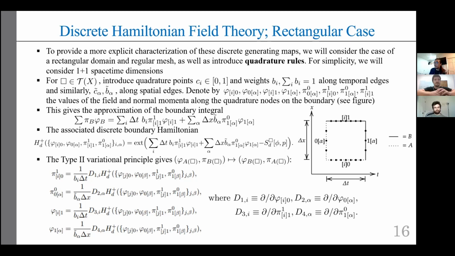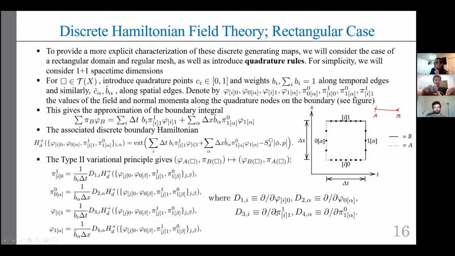So let's assume we have a rectangular grid, and we're going to partition the boundary of each rectangle on the grid into 2 regions, A and B. A is going to be the bottom and the left edges, and B is going to be the top and the right edges. The reason we chose this was analogous to mechanics. In mechanics, for the type 2 generating function, A is like the left point and B is the right point. So this is the analogous construction in higher space-time dimensions.